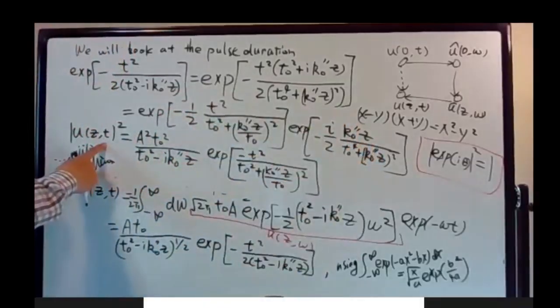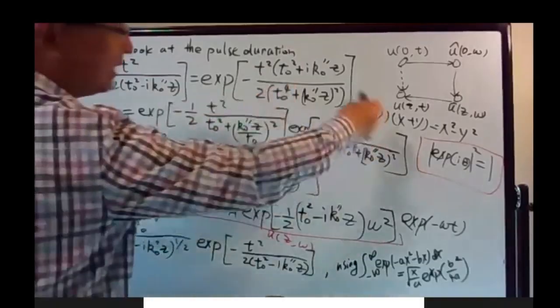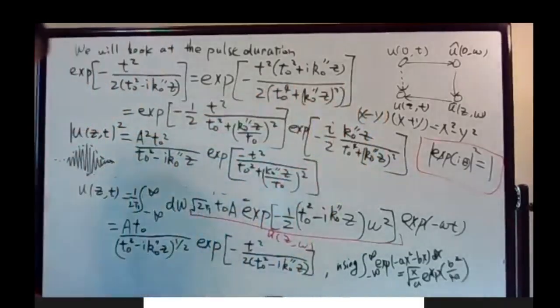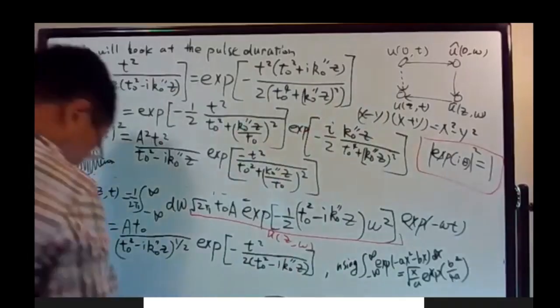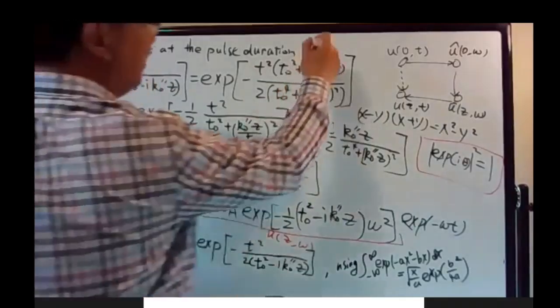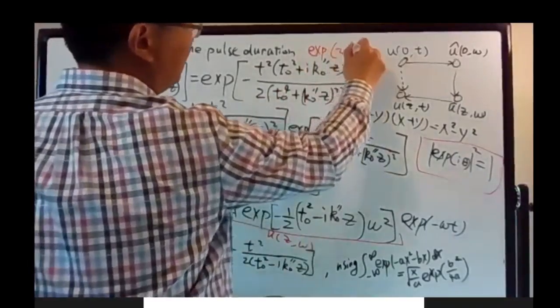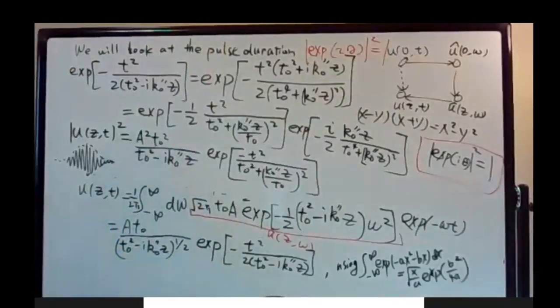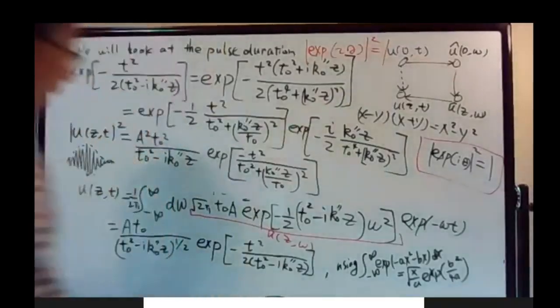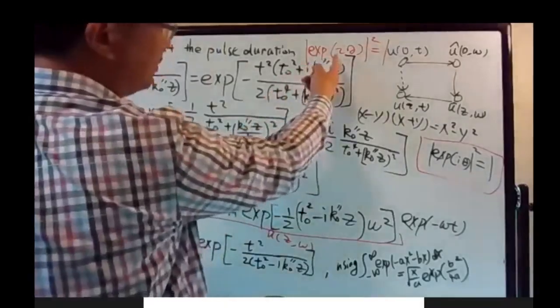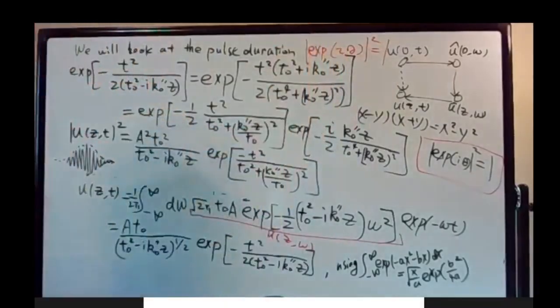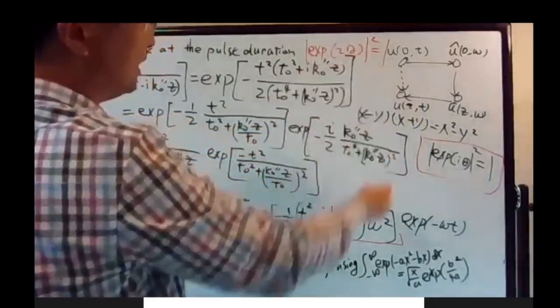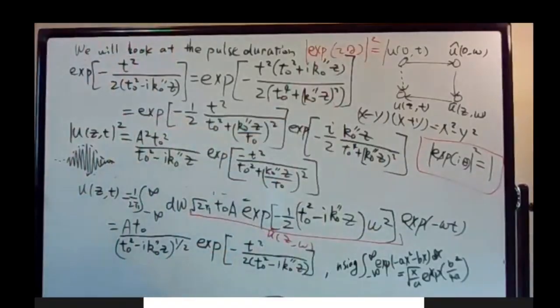We take an absolute value. This exponential of i theta has absolute value squared equal to 1. Why? Because it's cosine theta plus i sine theta, so it is cosine squared theta plus sine squared theta, which gives 1.